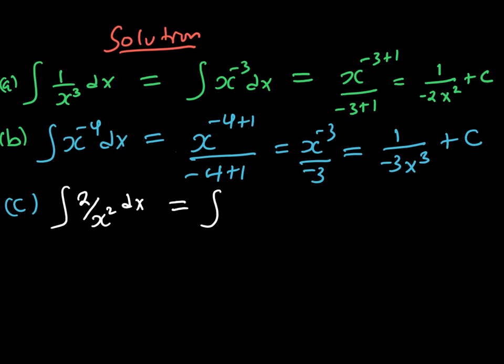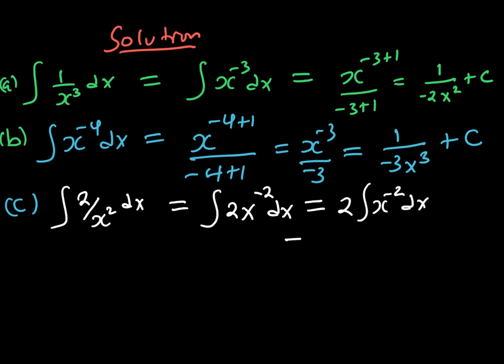We have been dealing with x to the n, but now this is 2 over x squared, which is 2x to the minus 2 dx. The 2 is a constant which can be factored out, and then you integrate x to the minus 2 dx.